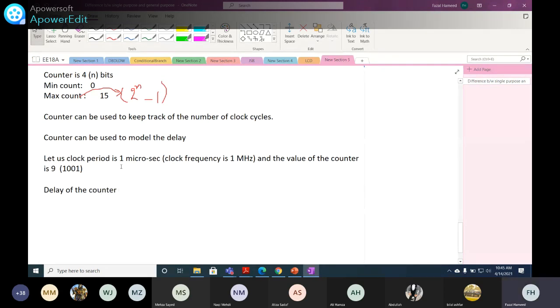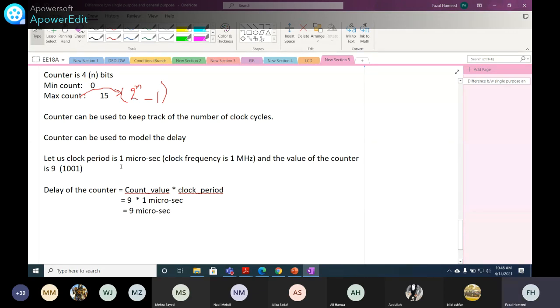The delay of the counter is equal to the count value multiplied by the clock period. The count value in this example is 9, and the clock period is 1 microsecond, so the total delay is 9 microseconds.